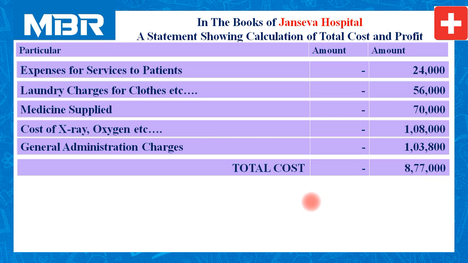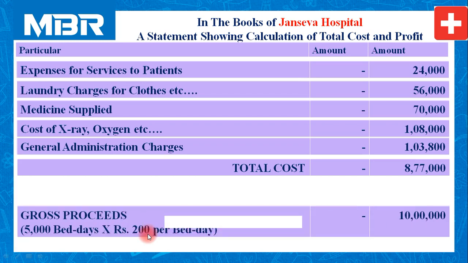Now refer to the last paragraph of the question. In the last paragraph, it is clearly mentioned that if the hospital wants to recover an overall amount of rupees 200 per day on an average from each patient, it means the hospital is getting rupees 200 from each patient for each bed.